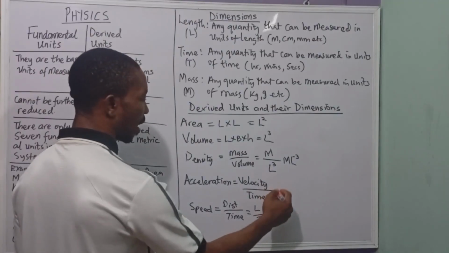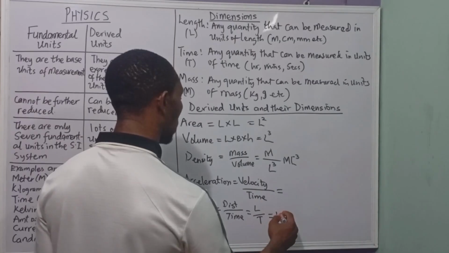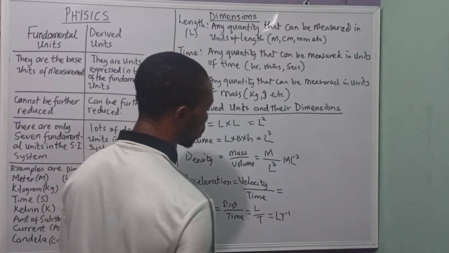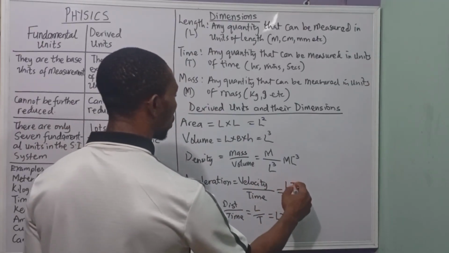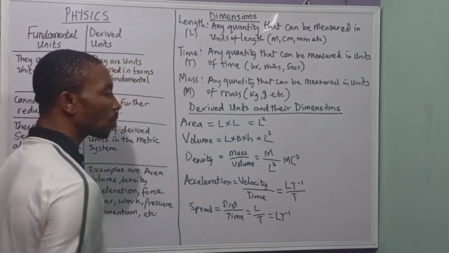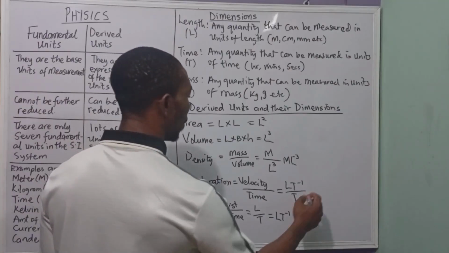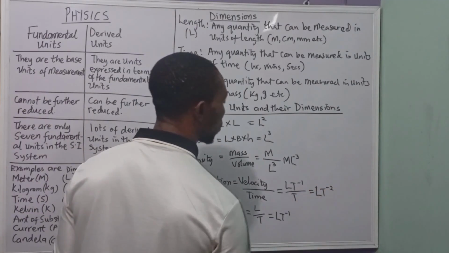So back to here, our velocity will be what? This will become L T raised to minus 1. So our acceleration here will become L T raised to minus 1 all over T. So it becomes L T raised to minus 2.